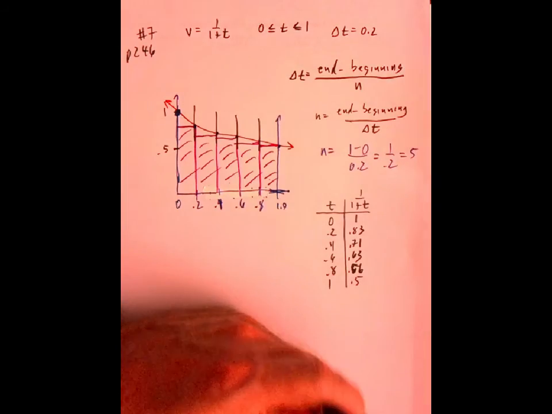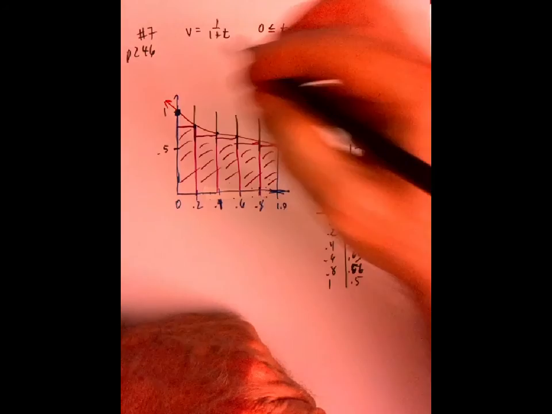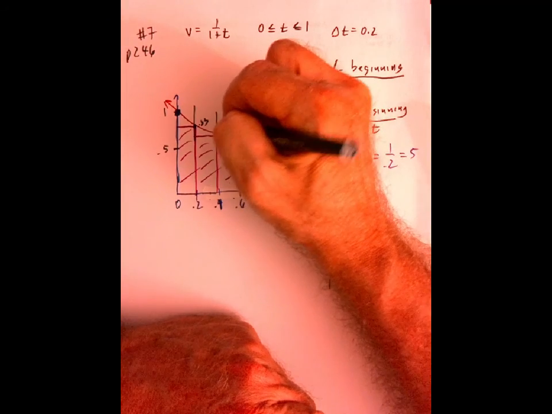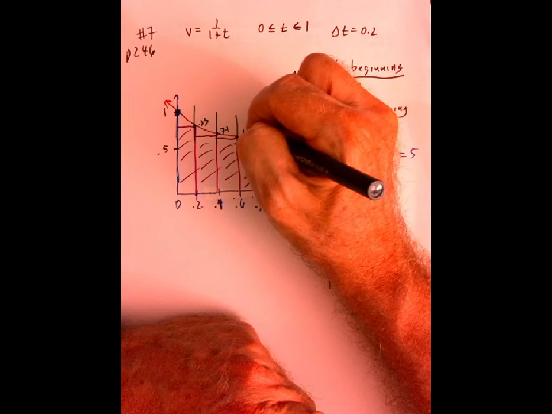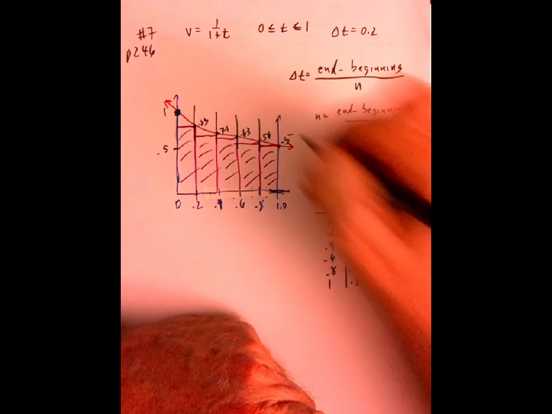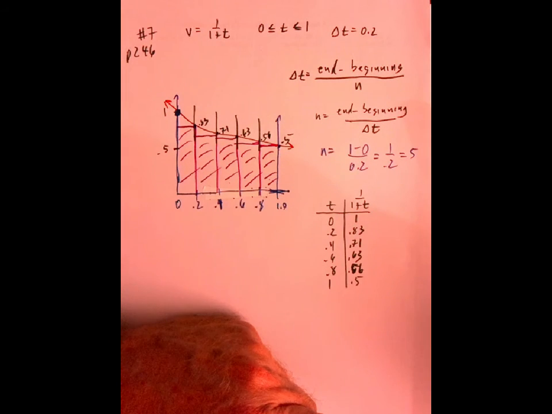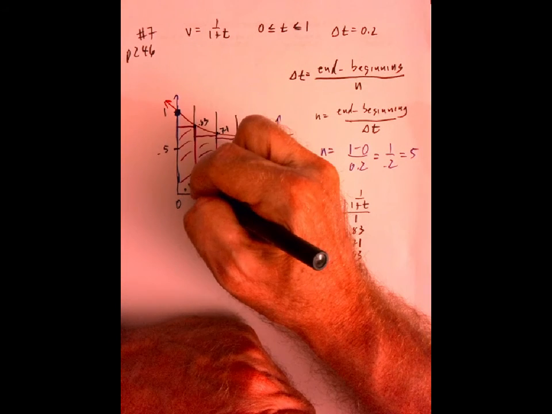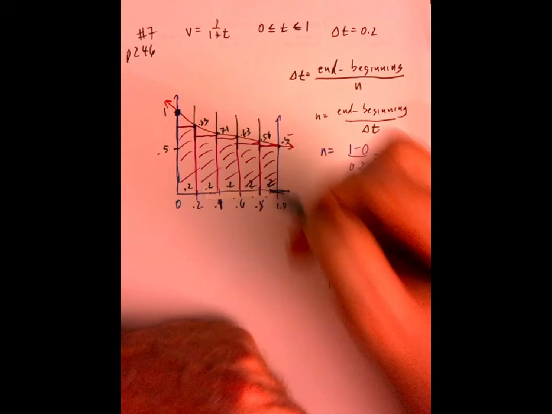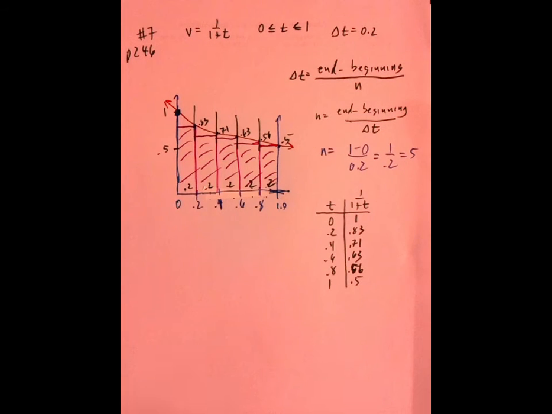So that is 0.83, 0.71, 0.63, 0.56, and then 0.5, just like that, right? And then the delta t for each of these, of course, is 0.2. So that's a decimal, but we still find the area the same way, right?